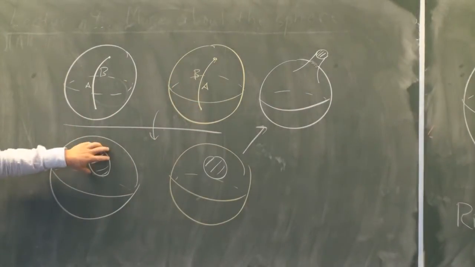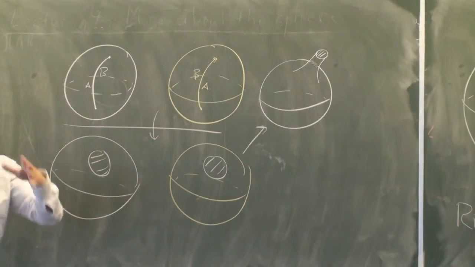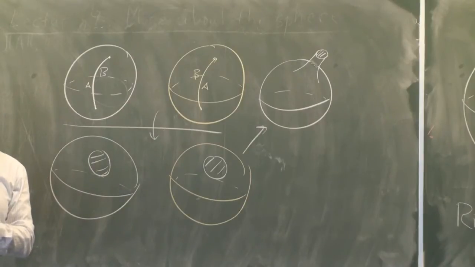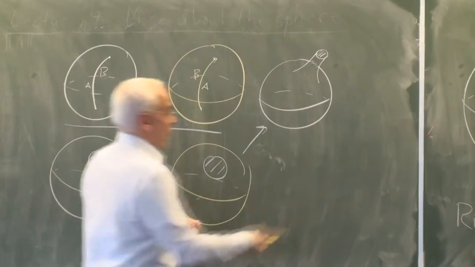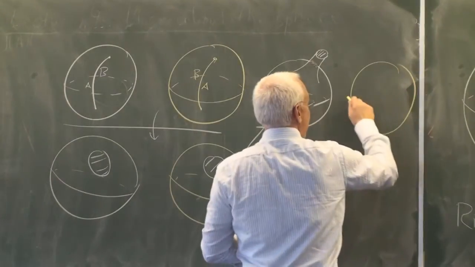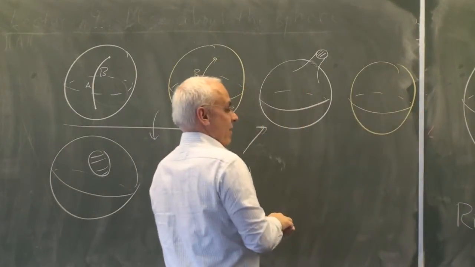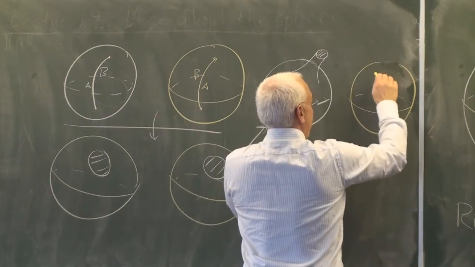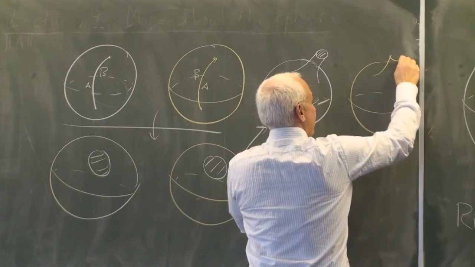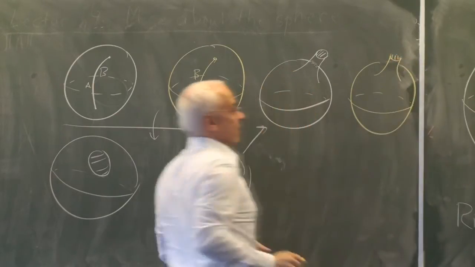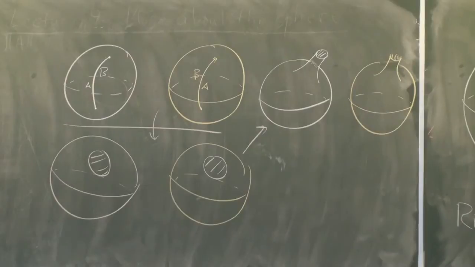All right? It's like I've grabbed it and I've moved it. Remember, we can deform things as much as we want. And over here, we'll do the same thing to this one. So we'll take this hole and we'll push it out also, so we have a nice little tube coming out.